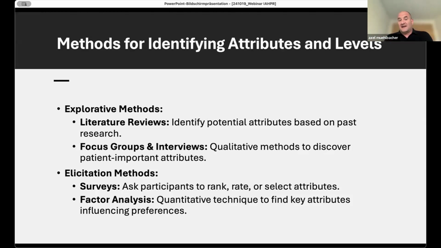And we also could do a factor analysis, for example, and more elaborate quantitative techniques to get more information of what's valuable, what's important, and how these different attributes and their levels interact with each other.